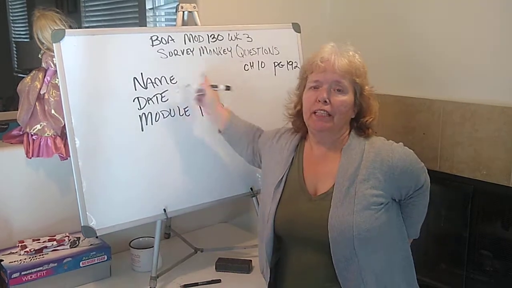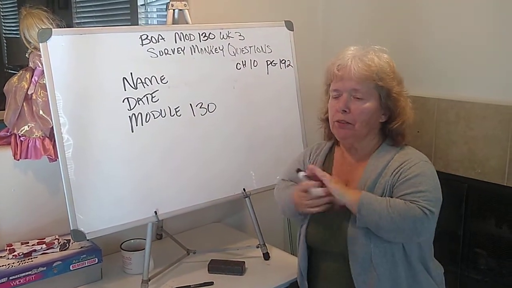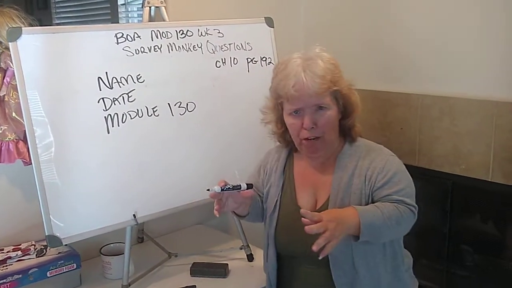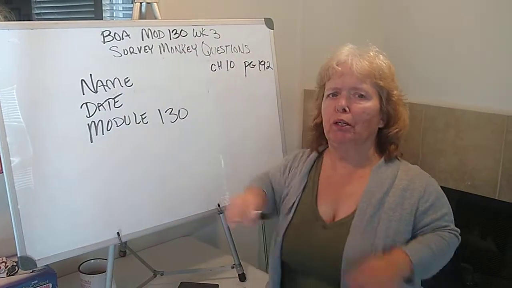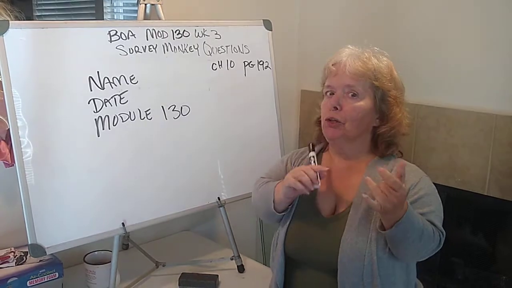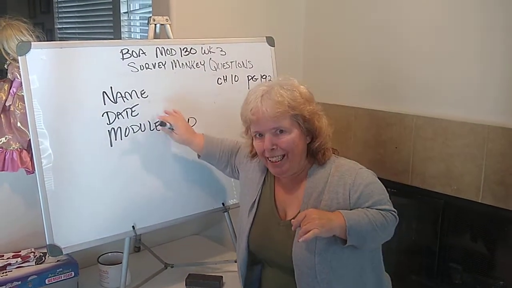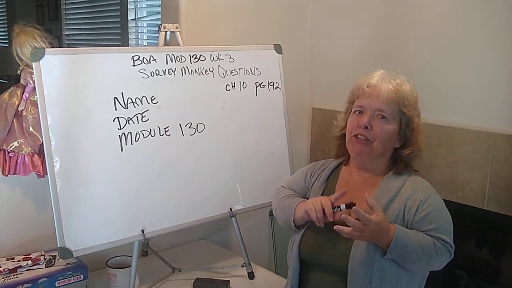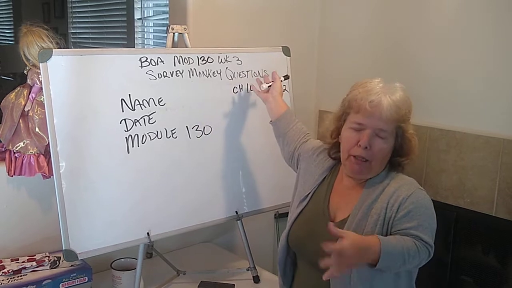Full name, first and last. Do that for me when you send in your papers, even if you send in just a picture of it, or send it as an attachment. Make sure you put your name, the date, and module on every paper. That will do me a big favor. So what I expect from you is your term words with your name, date, and module, and your SurveyMonkey questions. Those go through SurveyMonkey, of course.